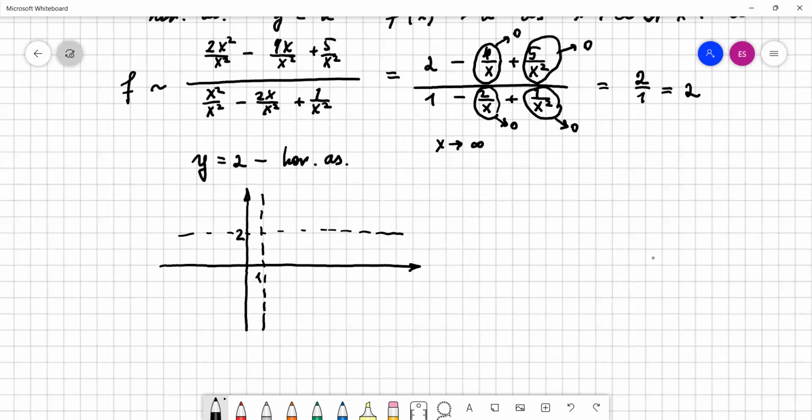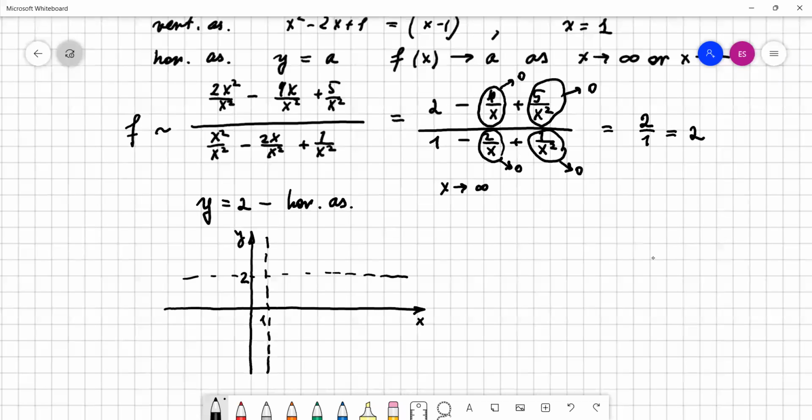And now the question is, you know that the function can come from the top to 2 and from the bottom to 2. From which side will it go close to 2 at infinity? The best way to decide is to just plug in a large number here and see, is it going to be a little bit bigger than 2 or a little bit less than 2?